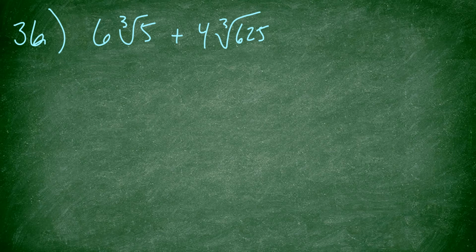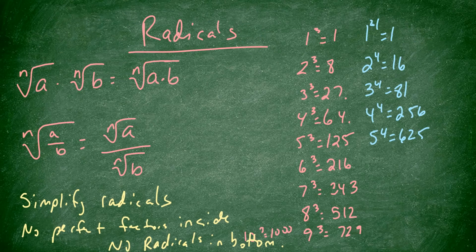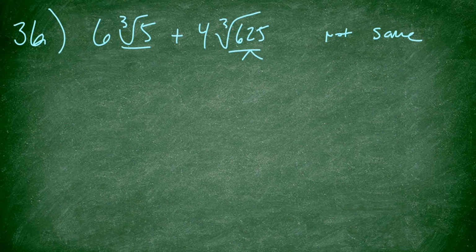Alright, 36. These radicals are not exactly the same. So I have to hope that they're going to turn into the same radical, so I'm going to use this list right here. And I'm going to look for a number that goes into 625. And I find out that 125 goes into 625 5 times. So 125 is perfect.